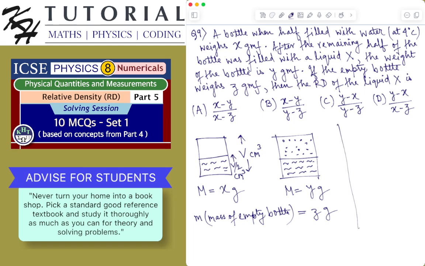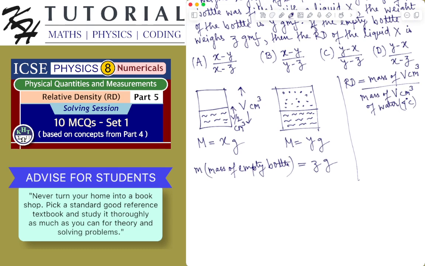We know that the relative density of a substance is also equal to the mass of some volume of that substance, let's say V centimeter cube, divided by the mass of the same volume, that is V centimeter cube, of water at 4 degree centigrade.